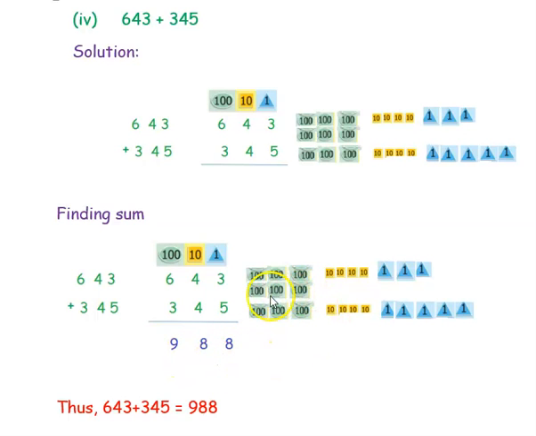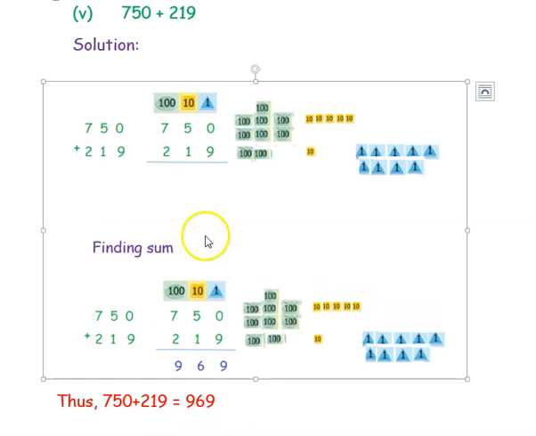Next we will count hundreds: 1, 2, 3, 4, 5, 6, 7, 8, 900. So I have written 9 in the hundreds column. Thus if you add 643 plus 345, the answer is 988.